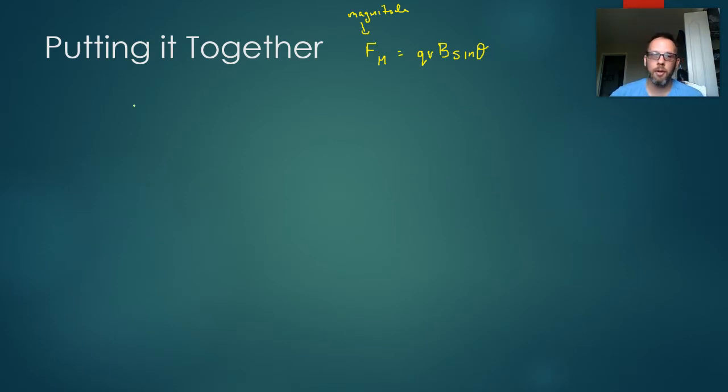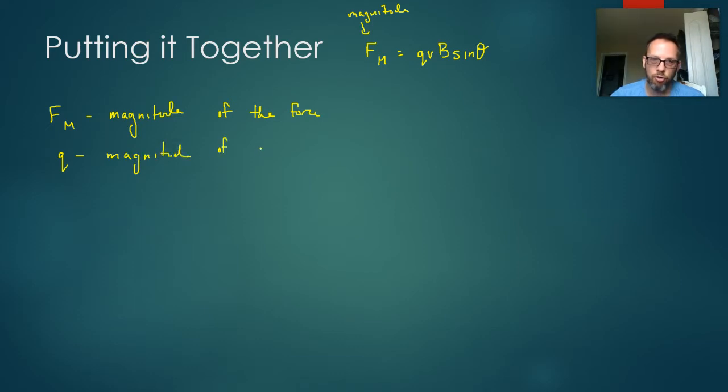So just to summarize what all these things mean. Fm is the magnitude of the force. We'll talk about direction in a second. Q is the magnitude of charge.